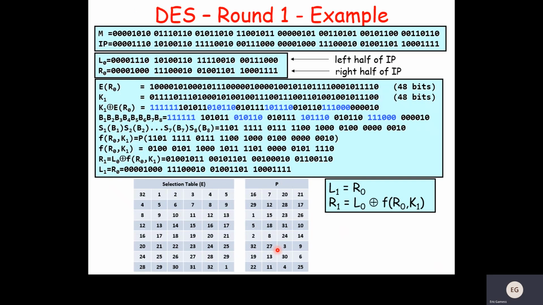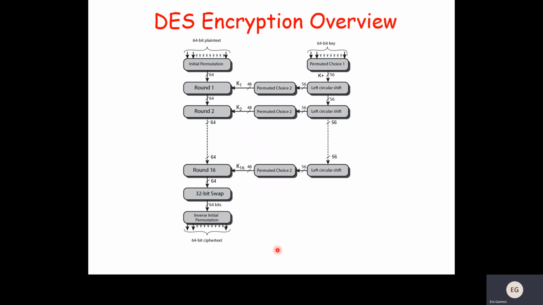So this, let me go back to the first slide. I explain what is inside the black box. So you will have an output which is 64 bits. You apply it in a second round, third round, fourth round, up to round 16. And there are 2 final operations before we get the ciphertext.